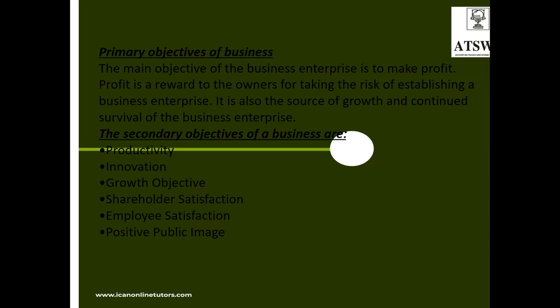You have to make sure that you have a positive public image. If someone makes mention of your company, in the public, they should be able to say that it is a good company. They should not say that it is a bad company. So every business, you have to try as much as possible to satisfy this secondary objective, not just the primary.